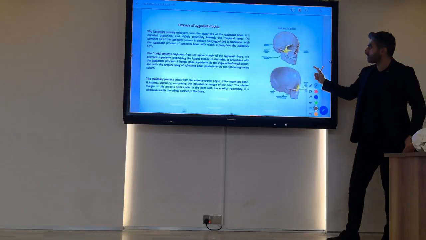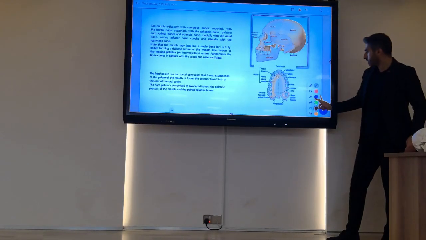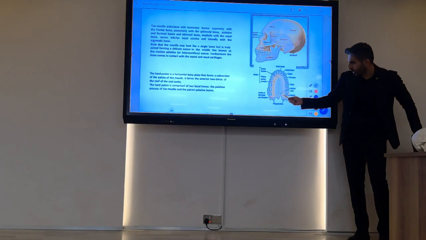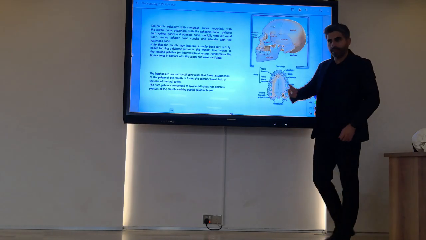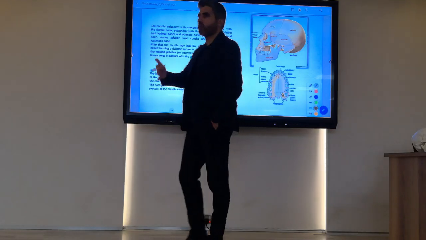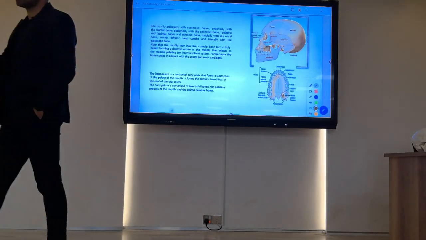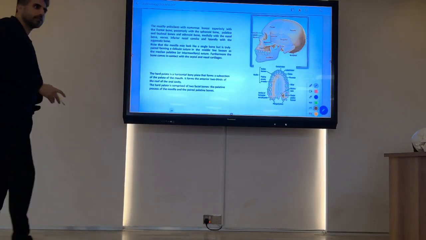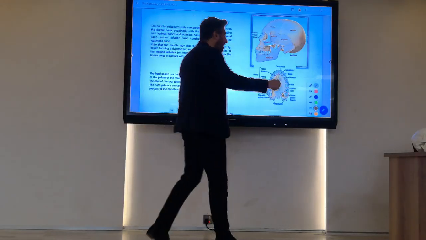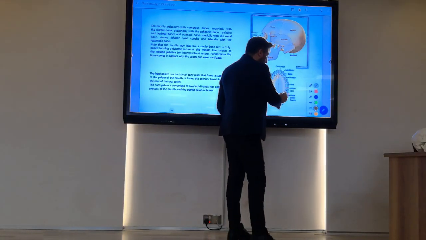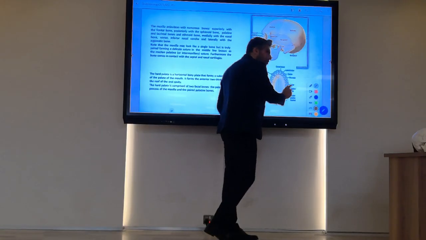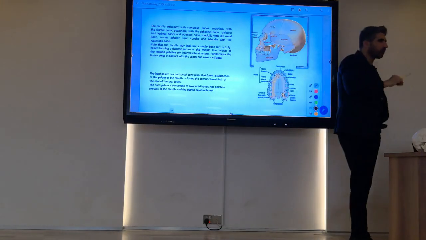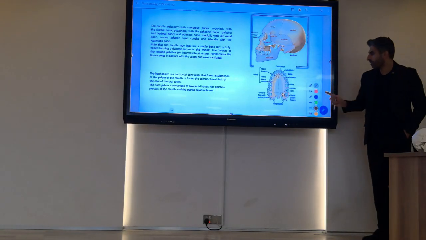Let me show you in a better picture. Here. Greater palatine foramen and lesser palatine foramen. The artery and nerve by this name, greater palatine artery and nerve, lesser palatine artery and nerve, pass through these foramina. Usually we have one greater palatine foramen because it's very big, but lesser palatine may be two or three, because they are very small foramina.